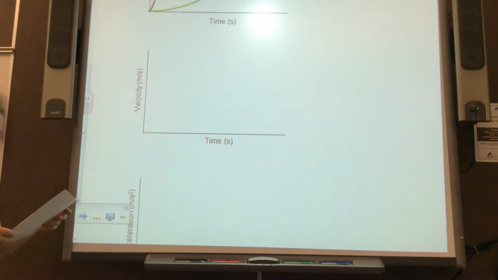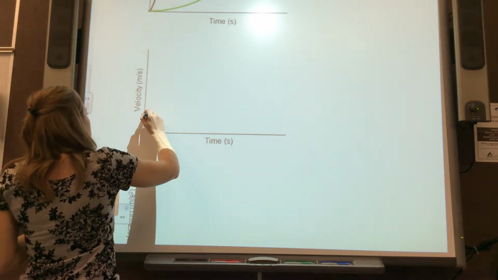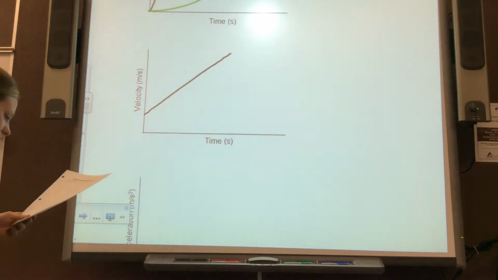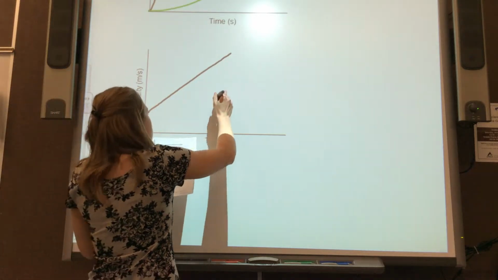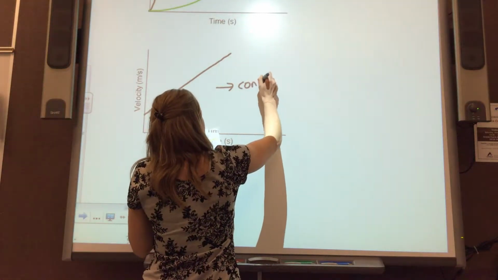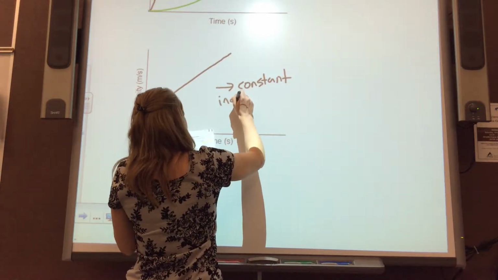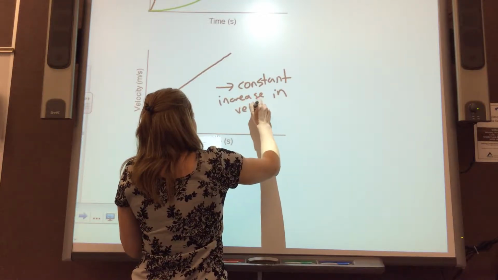If I looked at something similar with, say, a velocity time graph, so if I looked at something like this, this is a constant increase in velocity.